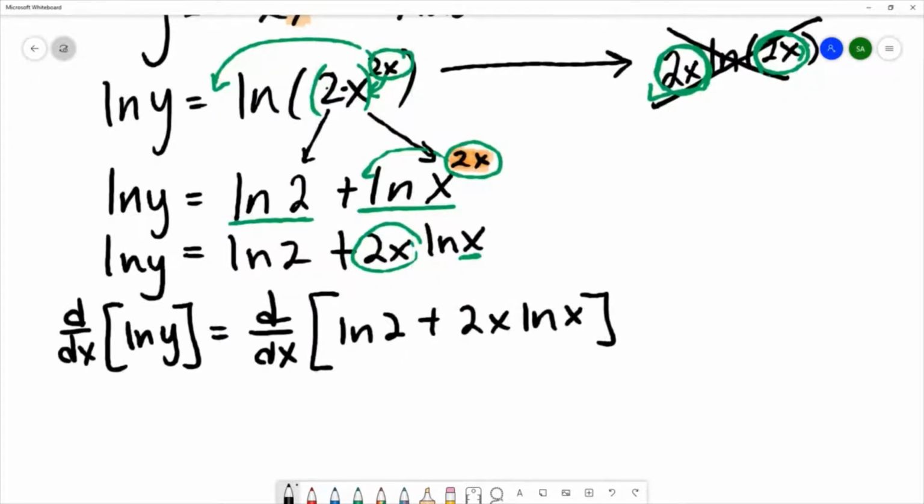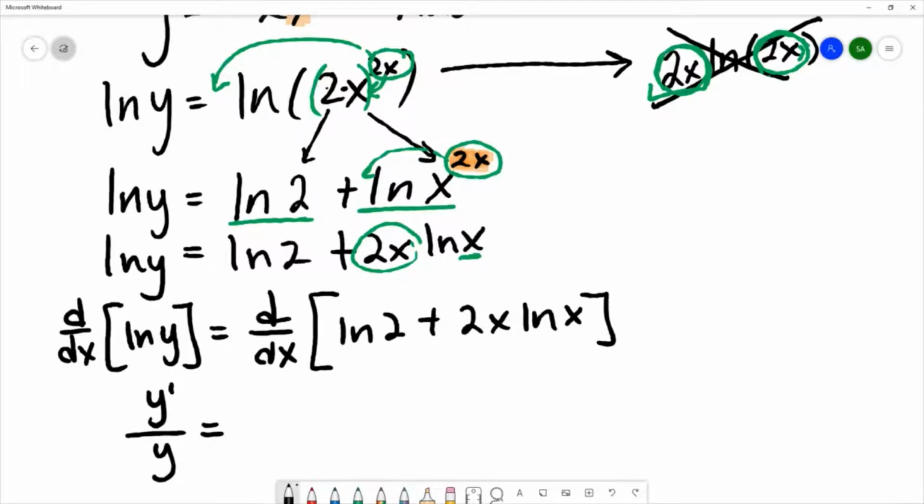On the left, we're taking the derivative of natural log, and the derivative rule for natural log is u prime over u, or the derivative of the inside of the log over the inside. So that's y prime over y.